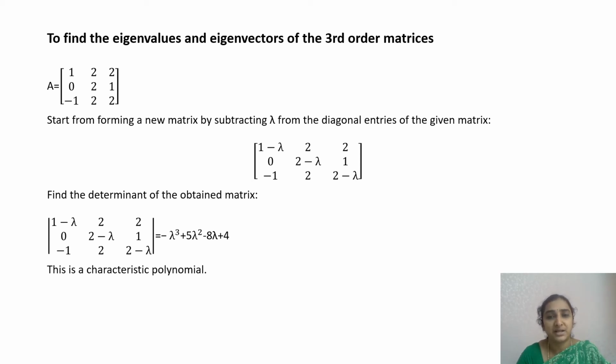The resultant matrix would be [1 minus lambda, 2, 2; 0, 2 minus lambda, 1; -1, 2, 2 minus lambda]. Find the determinant of the obtained matrix, and the determinant would be minus lambda cube plus 5 lambda square minus 8 lambda plus 4. This is a characteristic polynomial.